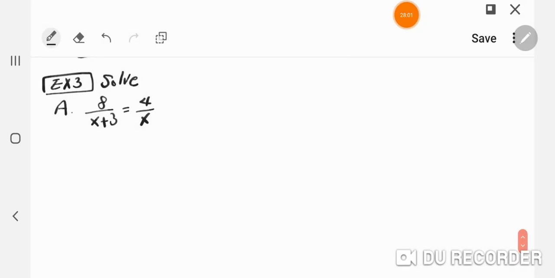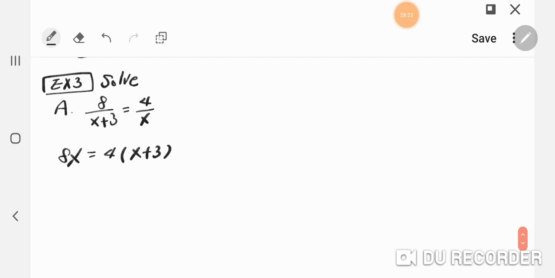Okay, example 3. Let's solve this equation. This equation has two fractions, one on the left, another one on the right, so we can use the cross multiply. Cross multiply, then 8 times x should be equal to 4 times x plus 3.